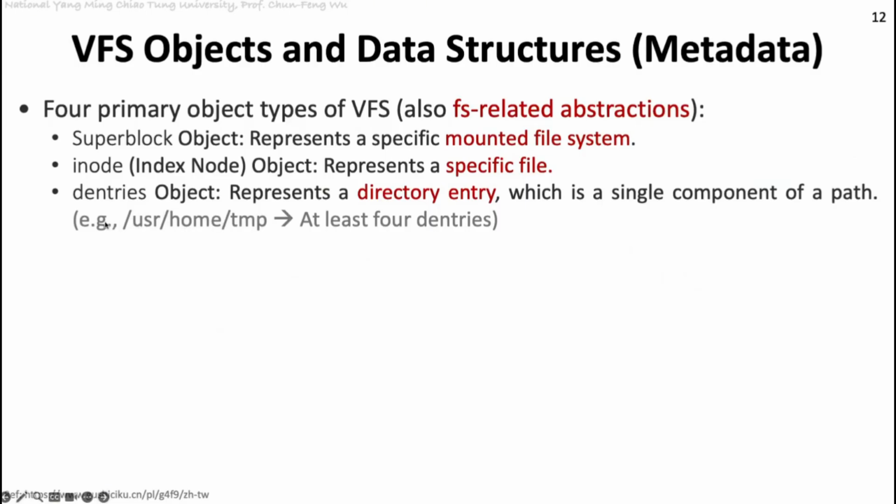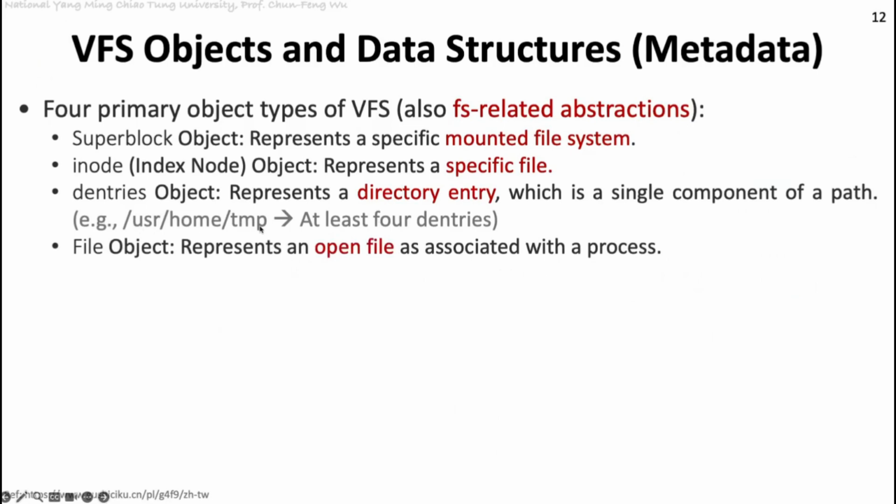The VFS will parse it and break it into four dentry objects, one for each component: the dentry object for the root, for usr, for home, and for temp. And the file object represents an open file associated with a process.